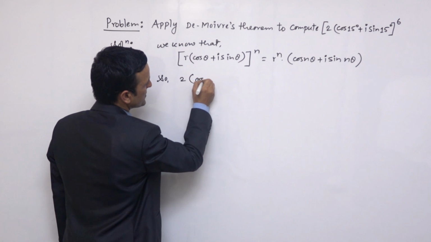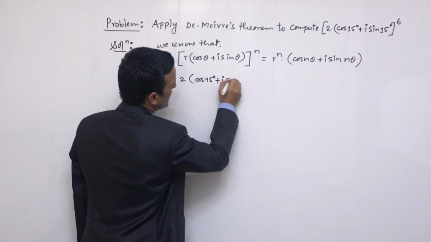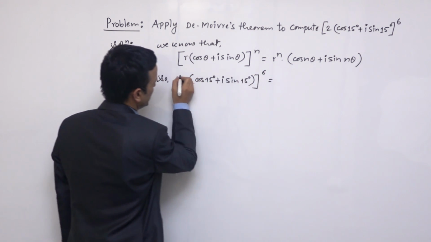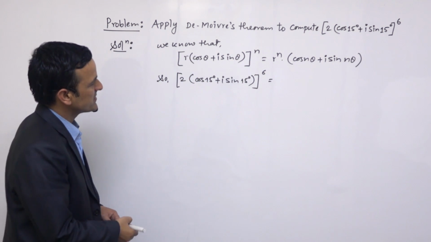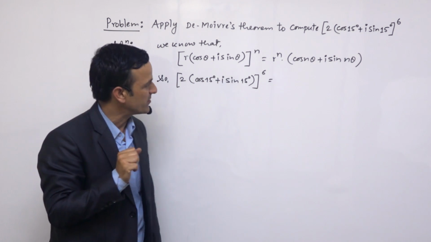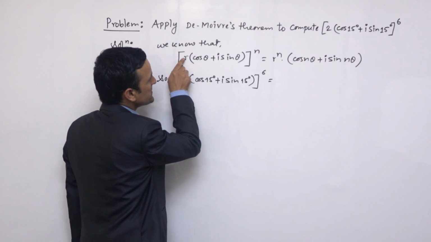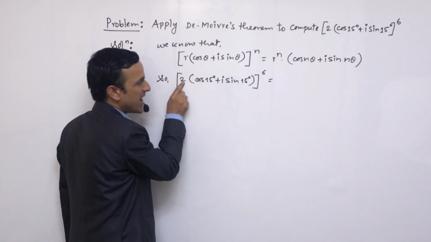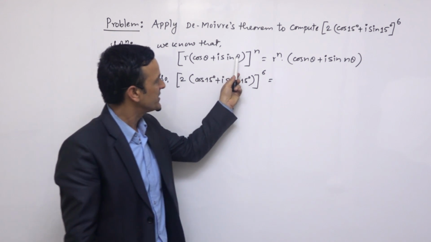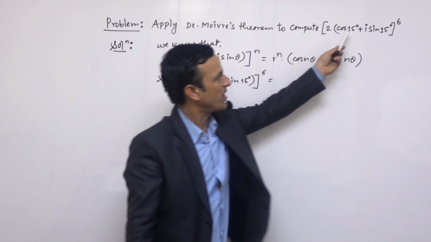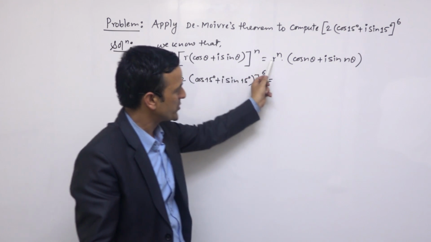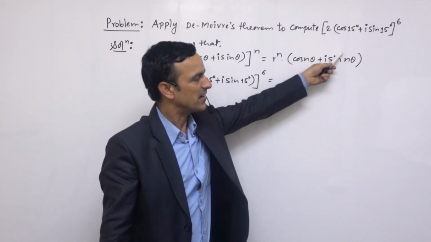2 times cos 15 degree plus i times sin 15 degree whole power 6 means, look at once, यदि हामीले यहाँ हेर्यौं भने हाम्रो यो फर्म भनेको de Moivre's theorem को फर्म हो, स्टेटमेन्ट हो। यसमा r को ठाउँमा 2 छ, थीटा को भ्यालु 15 छ, एज इन क्वेशन, एन्ड n को भ्यालु 6 दिएको छ भने हाम्रो यो स्टेटमेन्टलाई we can modify like this.